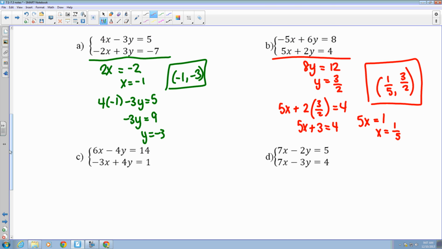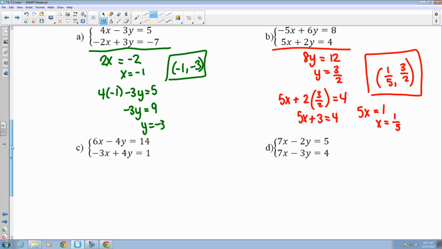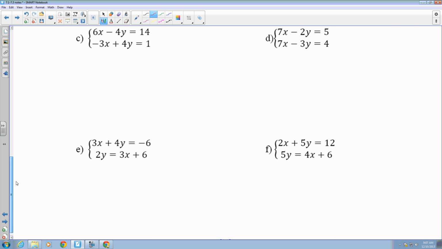I'm actually just going to write down the answers for the remainders, and you can go through and do the work if you want to have a little bit of extra practice. And we'll go to the last page for the word problem.